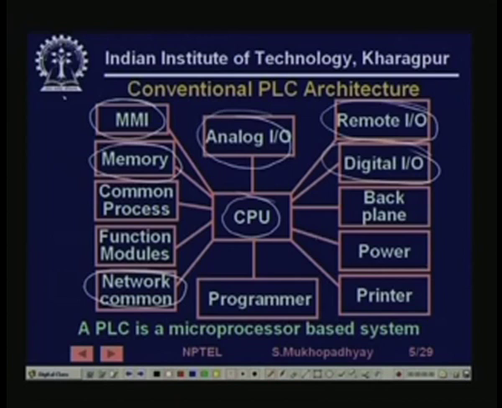You have the man machine interface, which is also a kind of input output. Then you have a programmer by which you can develop a program, let us say an RLL program, and load it into the PLC memory, that is also a kind of IO.